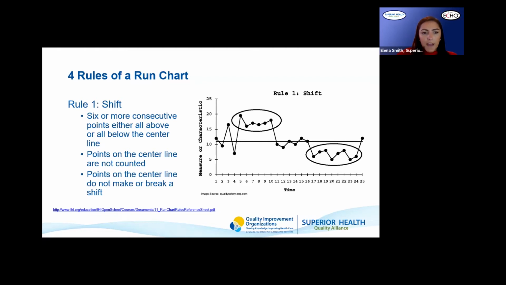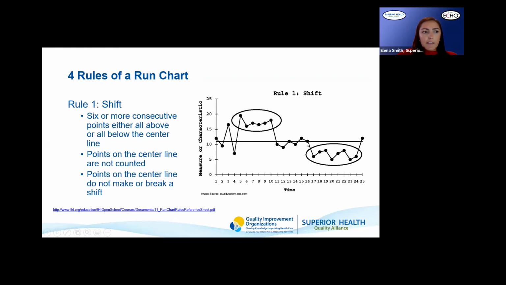So let's look at these rules again. We can see here, this is 6 or more consecutive points all above the center line. So this is a shift. Here is a shift all below the center line. Now this one doesn't have a great example of a point on the center line not being counted, but let's just say that this middle area was all below the center line, except for this point, which will remain on the center line, and then we had another one below the center line.